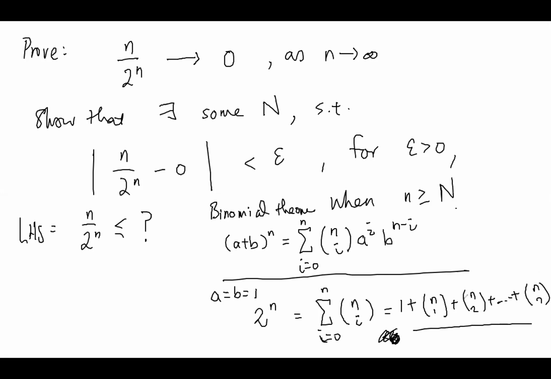So does that give you an inspiration? What should this bound be? If I show you that 2 power of n is equal to 1 plus this thing, what should this bound be?